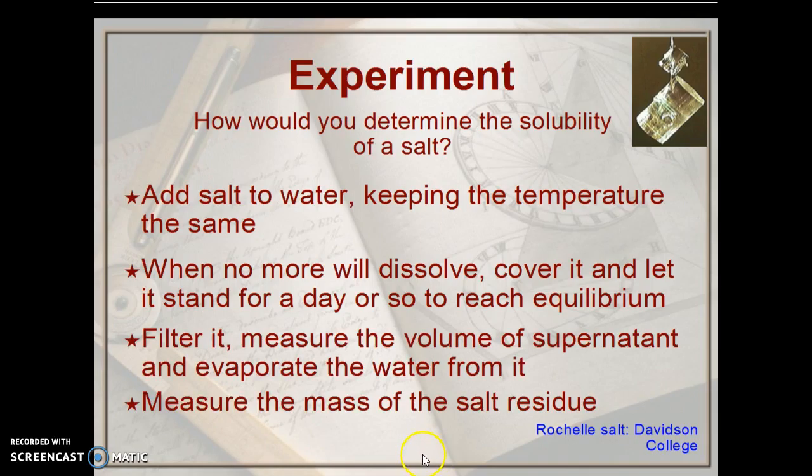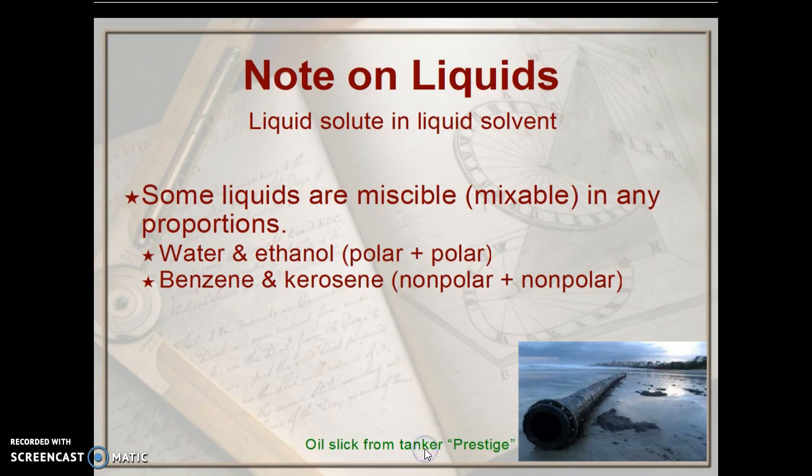Then you filter out any of the residue, measure the volume of the supernatant, the actual remaining solution, and you evaporate the water from it to get the salt residue. You then measure the mass of the dry salt residue, you knew the volume or mass of the solvent that it was in, and that'll give you the solubility. It's a little bit involved, but it's doable.